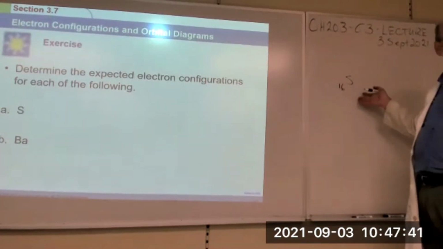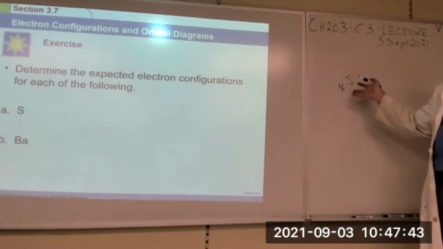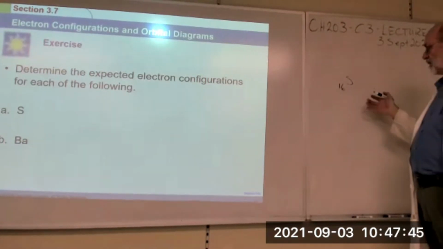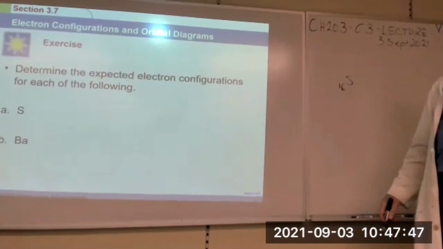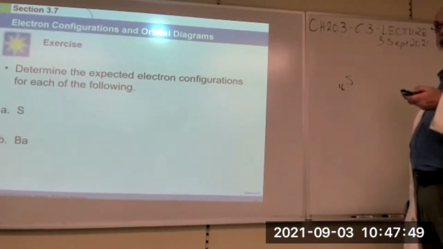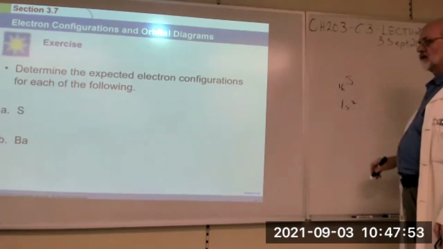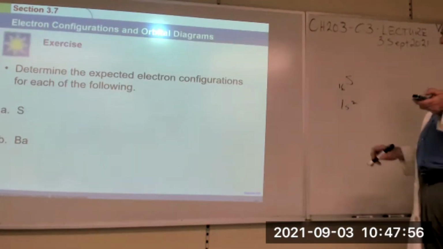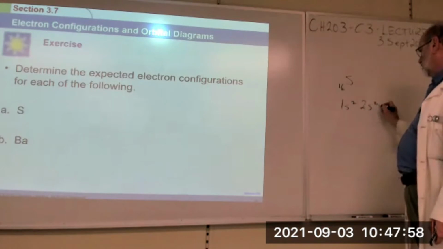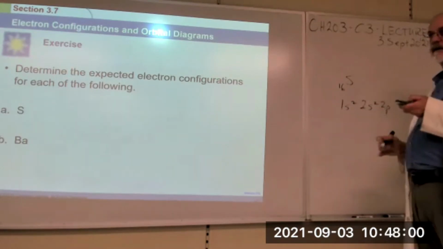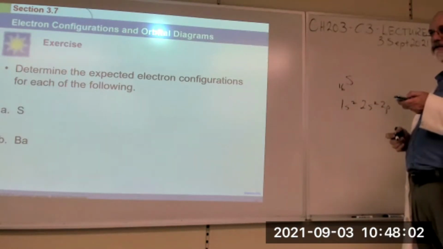And this is going to be the same thing for any of the isotopes. Doesn't matter. So let's use the periodic table to fill this up. 1s, 2 electrons. 2s, 2 more electrons. How about 2p's? Well, 2p's, 1, 2, 3, 4, 5, 6.